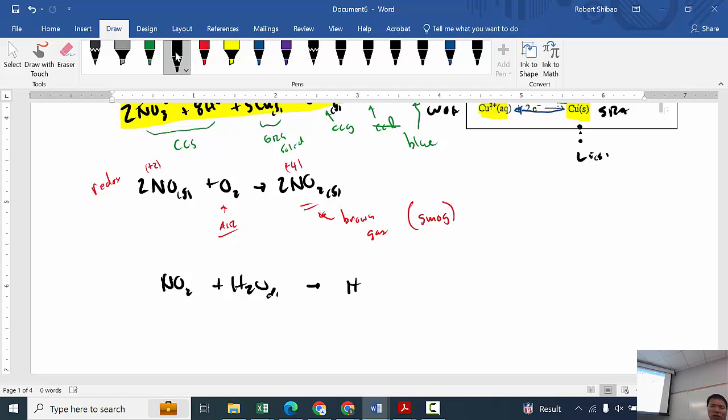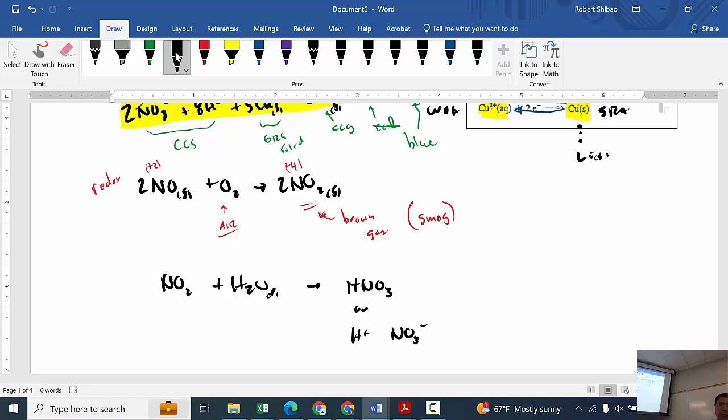This is going to form HNO3. Do you think it would be better to write it as HOH, H plus and nitrate? No, like writing it as HOH, like if it was hydroxide.